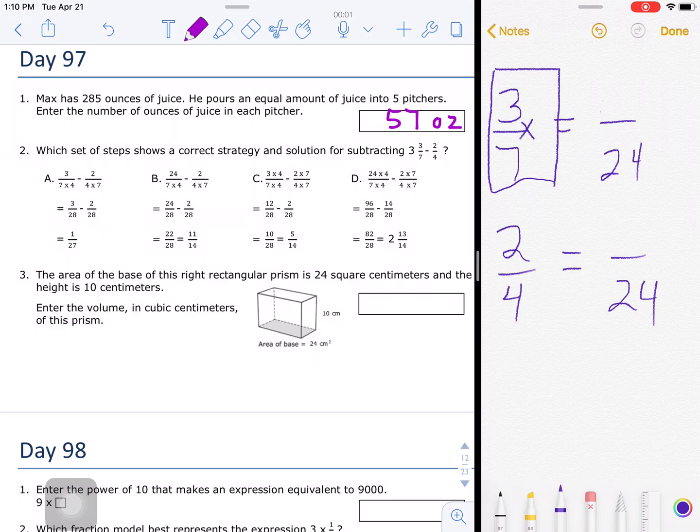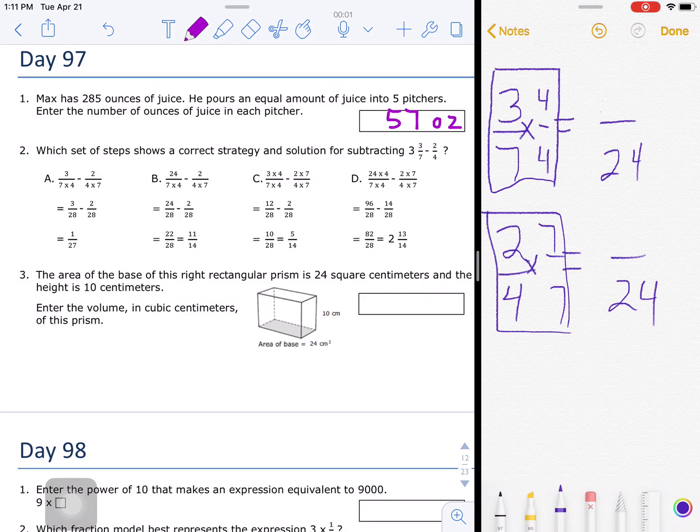So in this case, I have to multiply 3/7 times 4/4. And over here, if I'm making an equivalent fraction, I would have to multiply it by 7/7. And we see that 4/4 and 7/7 are equal to 1, so it doesn't change the value, just changes what it looks like.